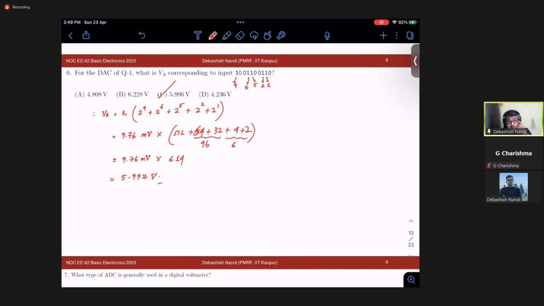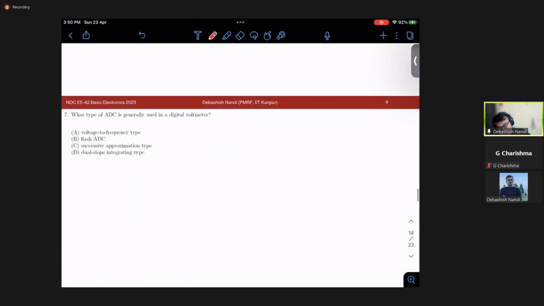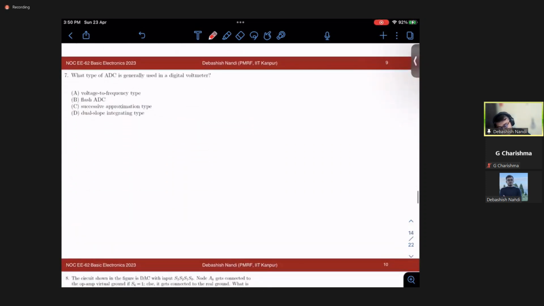Fine. So these are pretty simple problems, right? Just basic arithmetic. Okay, so next going to problem number 7. What do we have here? What type of ADC is generally used in a digital voltmeter? Fine. So what is my digital voltmeter? A digital voltmeter is a measuring equipment, right? What do we need?